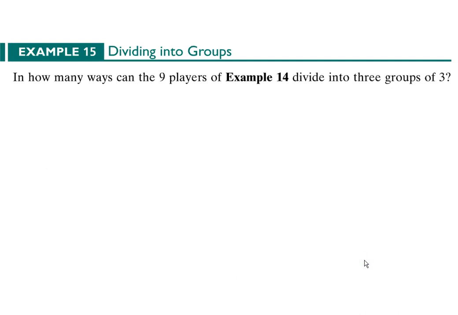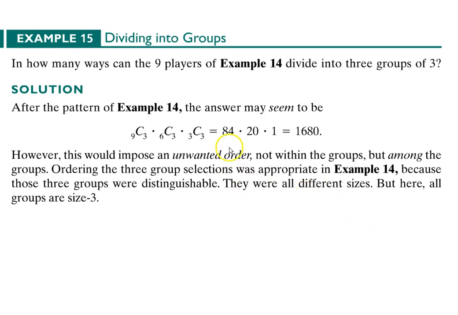Now, this one's a little tricky. And as you'll see, you may not get the right answer on the first shot, because here you want to take those same players and divide them into groups of 3. Now, you may think it would be like this, and you would get this, but here, order of the 3 groups is not important either. They're indistinguishable, because all group sizes are 3.